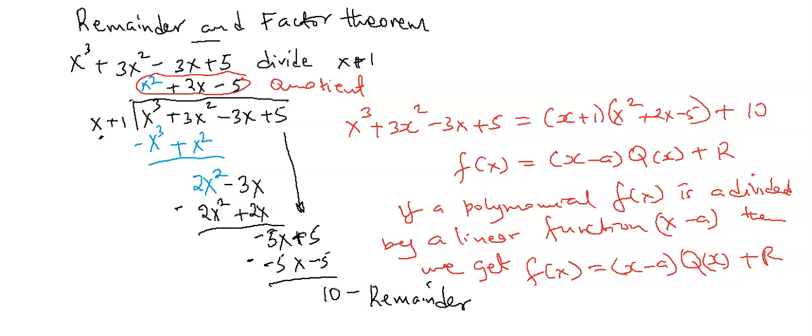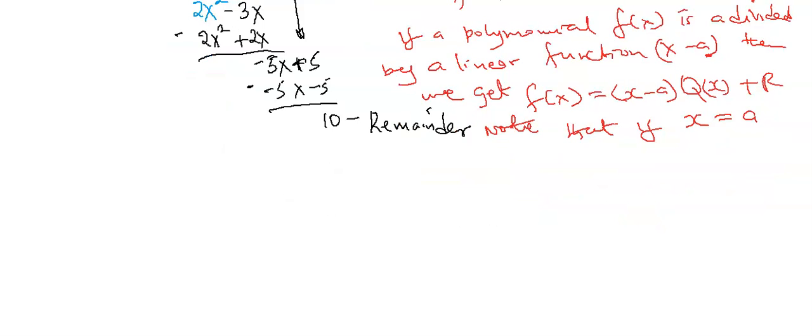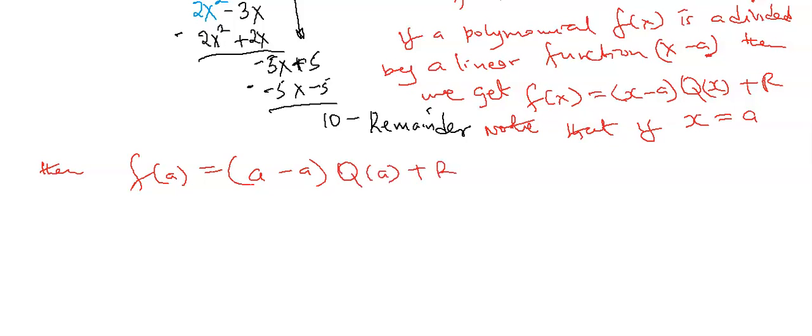Note that if we were to replace x with a, if we take x equal to a, then f of x equals x minus a times q of x plus r will be f of a equals a minus a times q of a plus r, and this will give us f of a is equal to r.